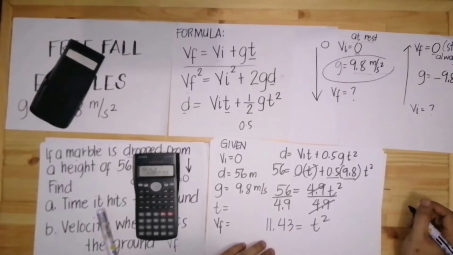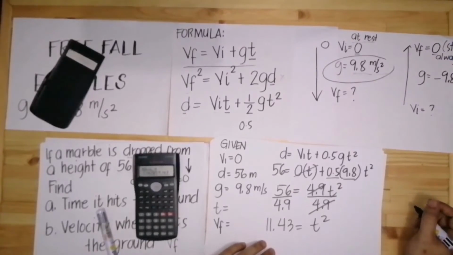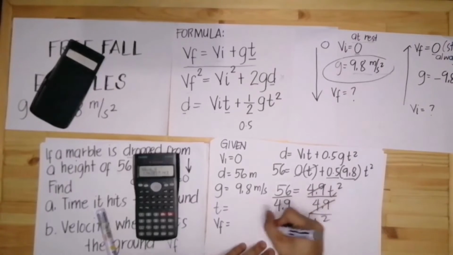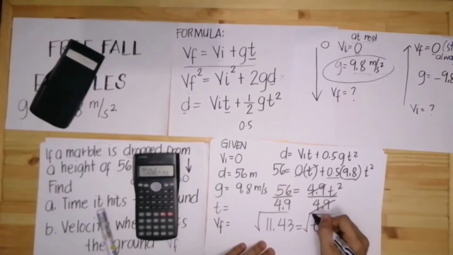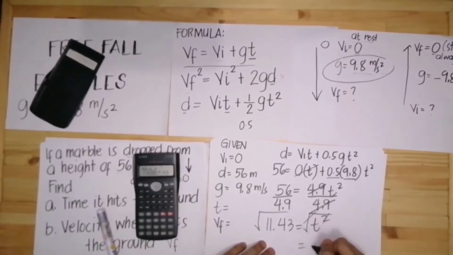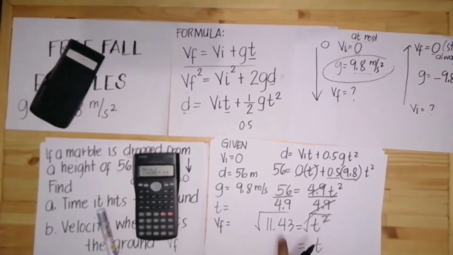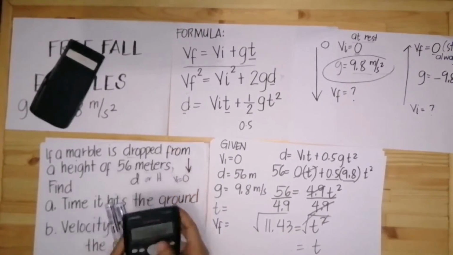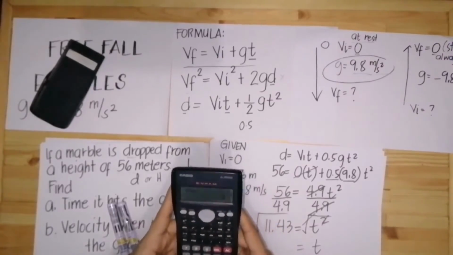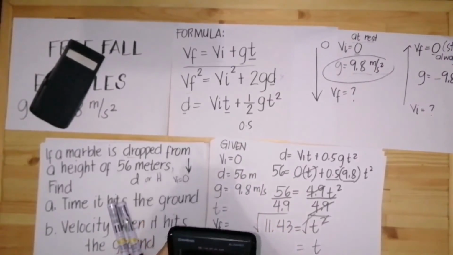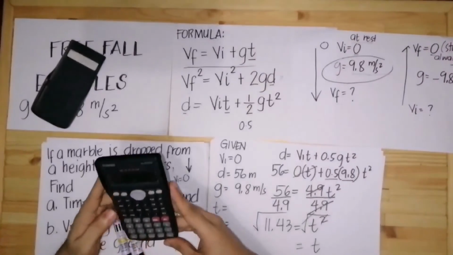We're not yet done because we still have to get the value of time, not the time squared. So get the square root of this para mawala yung 2. So cancel na yan, time na lang to. Square root ng 11.43 is equal to 3.38.